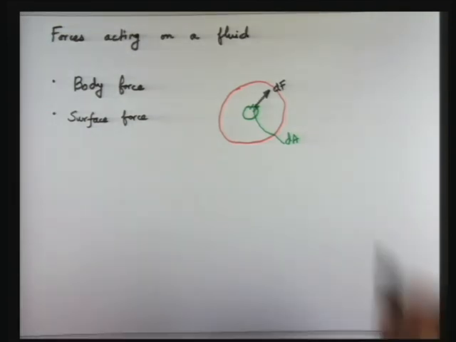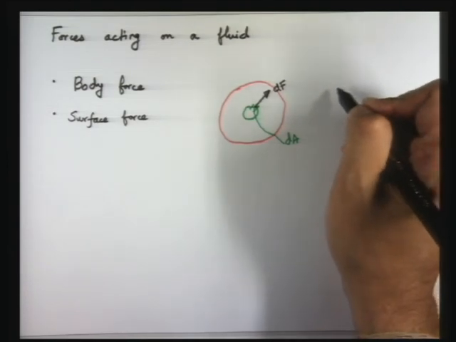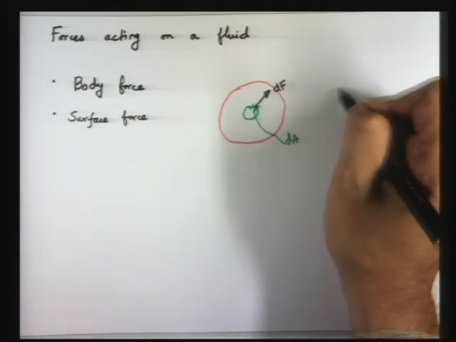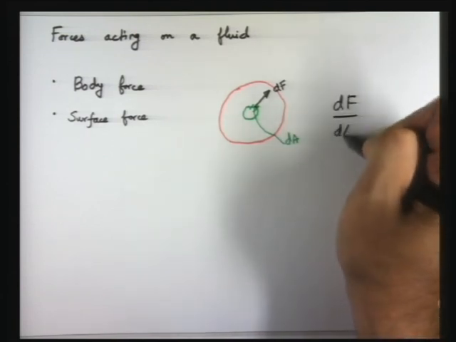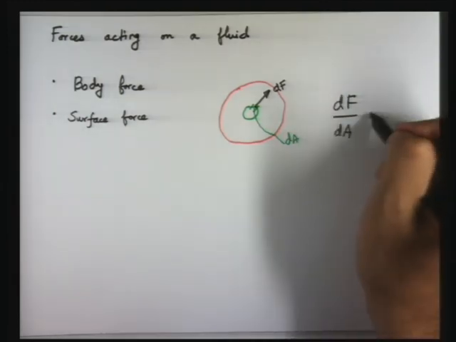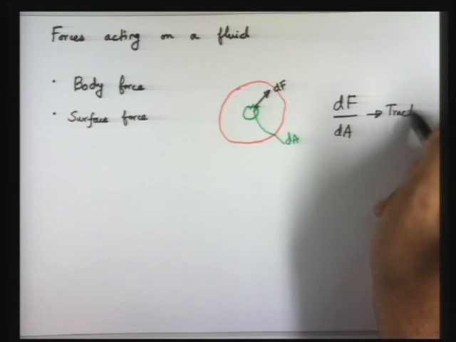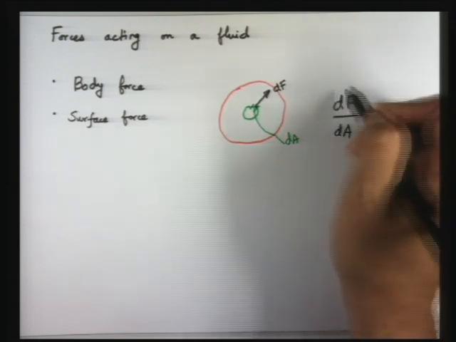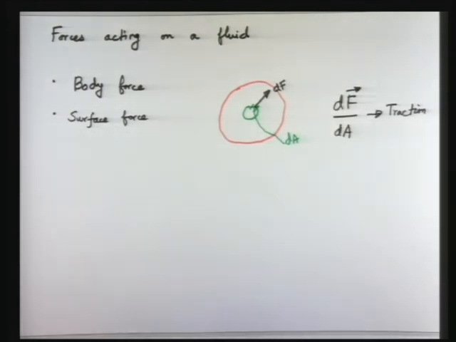So if we find the force per unit area on this small area, this is defined as the traction. Remember that this force dF is a vector.